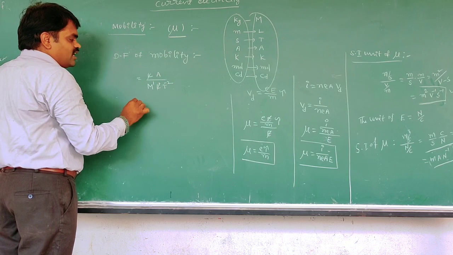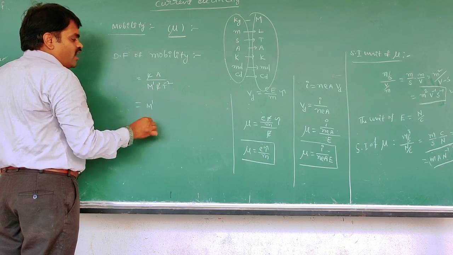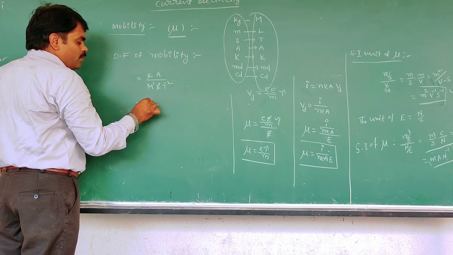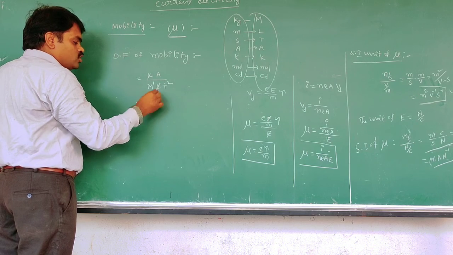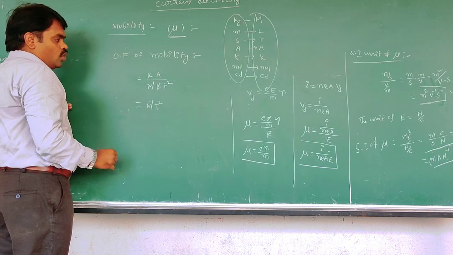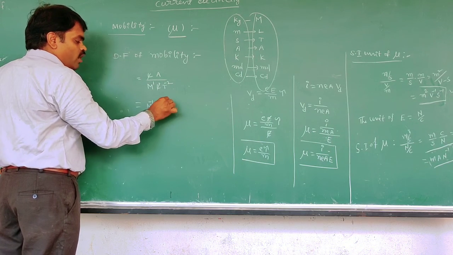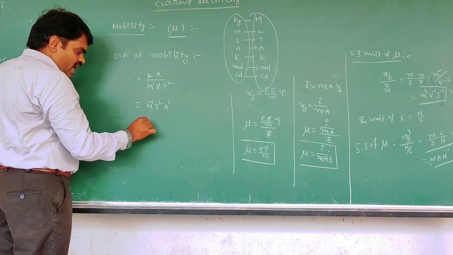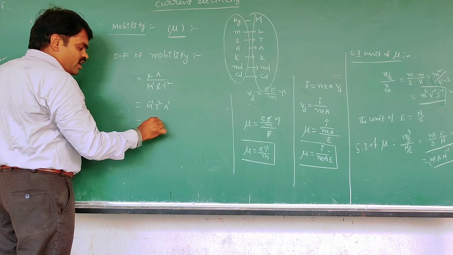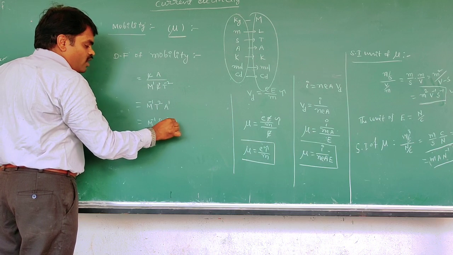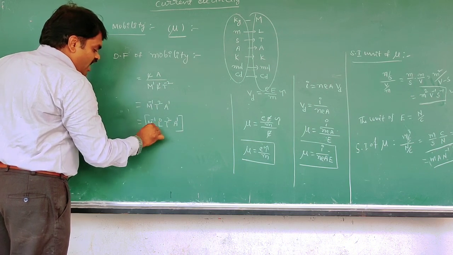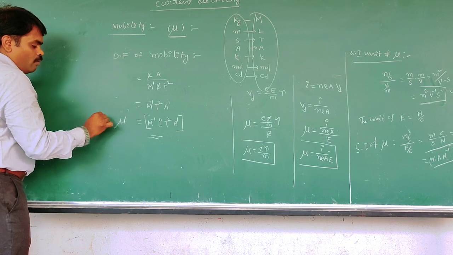Then L and L cancel. Then M power of minus 1 goes up, then T power of 2 and A power of 1. So we can write M power of minus 1, L power of 0, T power of 2 and A power of 1. This is the dimensional formula of mobility.